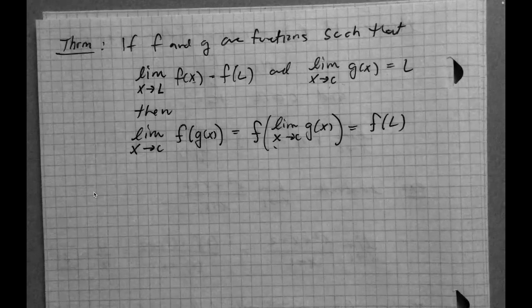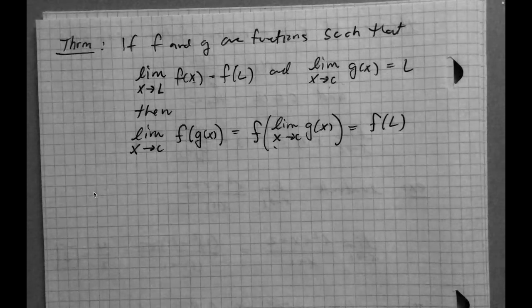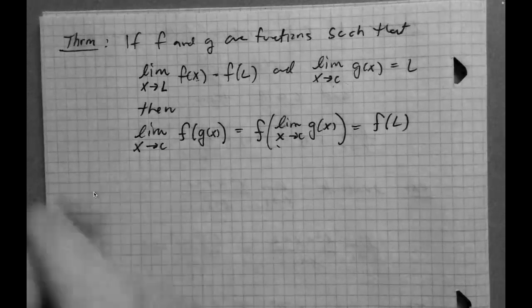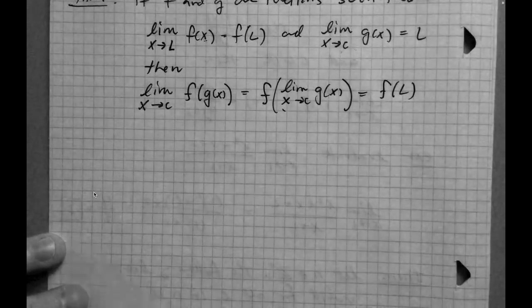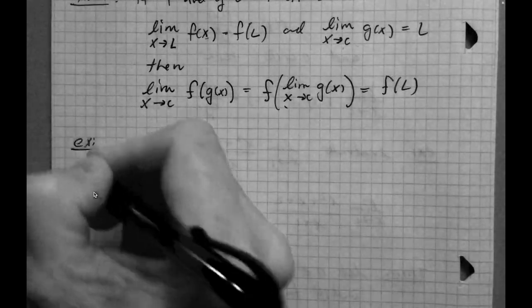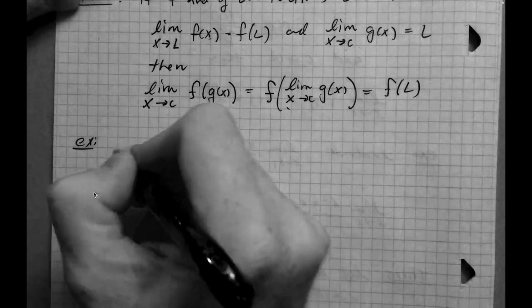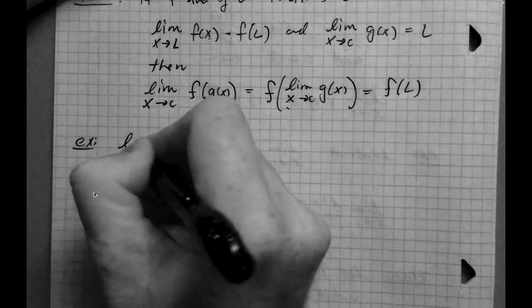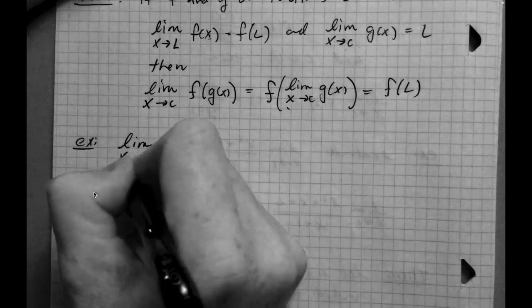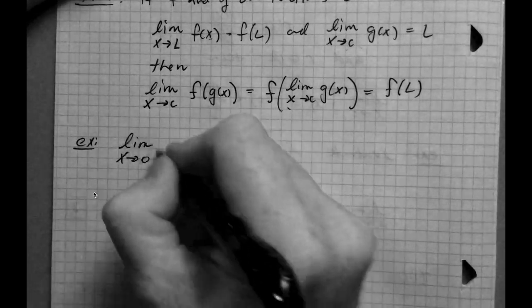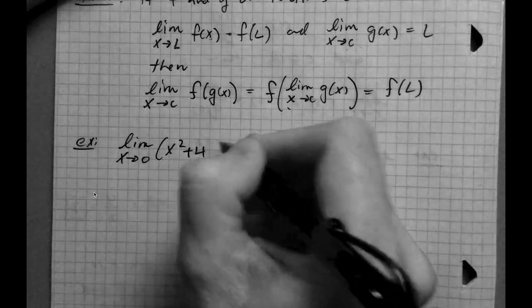Okay, so let's take a look at an example, to get this a little more clearly articulated. Consider the limit as x approaches 0 of x squared plus 4.